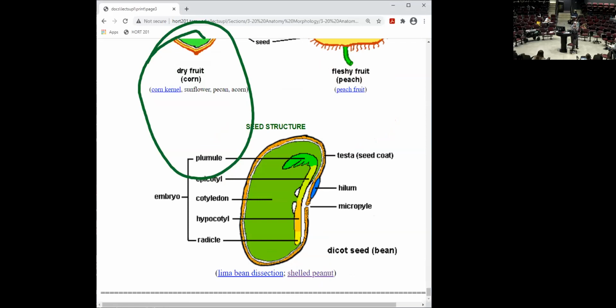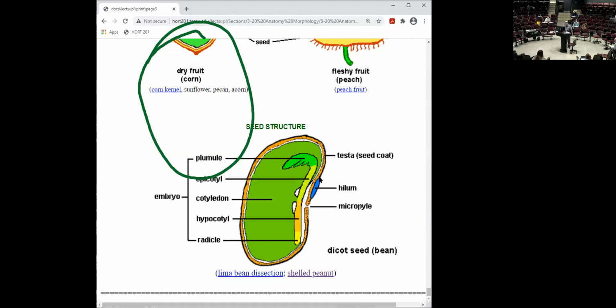That's the baby plant. That's the embryo. And the embryo is a long shank, which is the stem of the baby plant. We don't call it stem, we call it epicotyl and hypocotyl. And at the tip, you have some little bitty baby leaves we call the plumule. And we have a little bitty root tip that we call the radicle. And all of this together is called the embryo. It's a young plant.